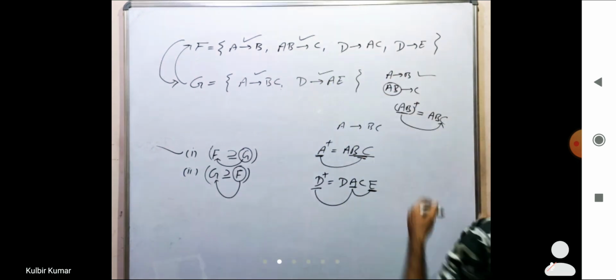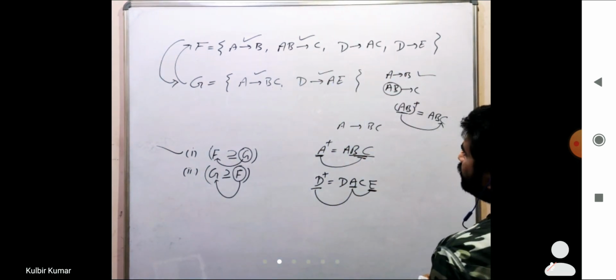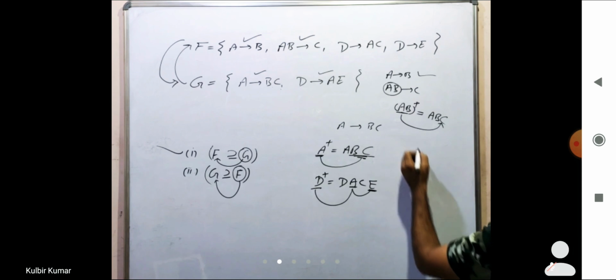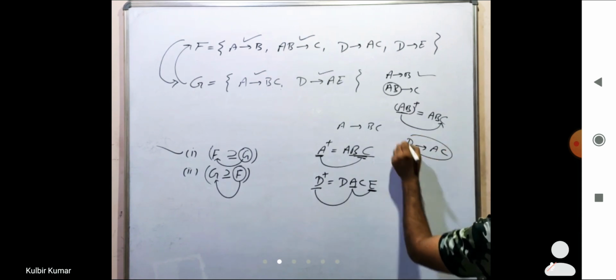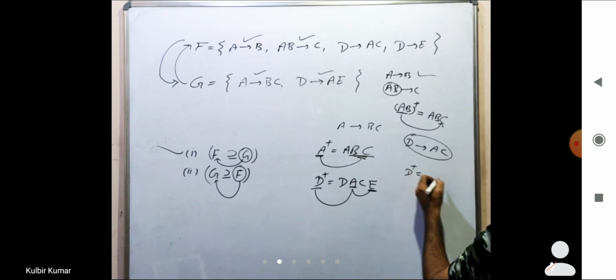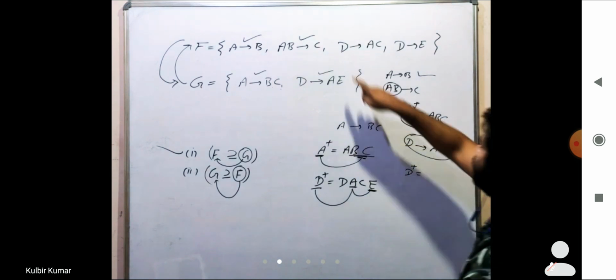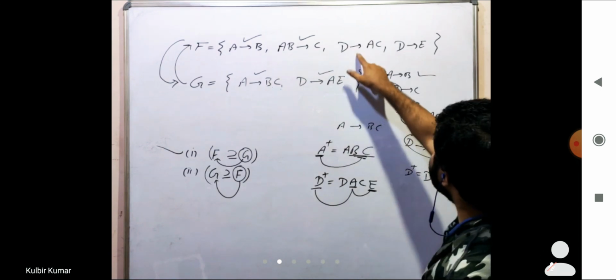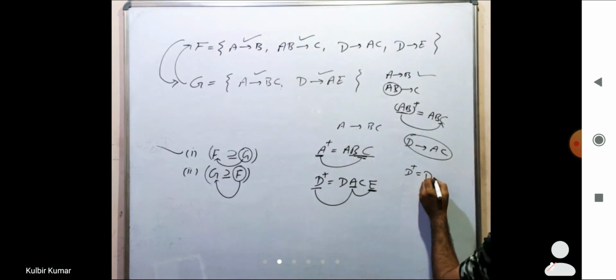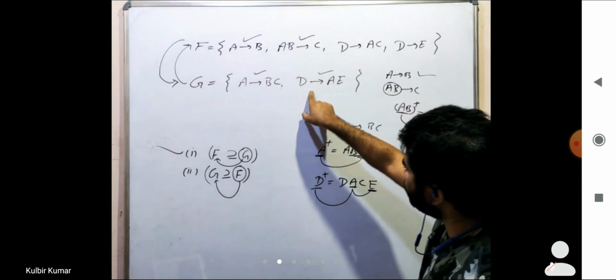What about D goes to AC? So D goes to AC directly it not seems. So let me take D closure. I'm looking for D goes to AC now. So I will take the closure of D. D closure is what? D itself, and D can derive A and E. Sorry, I will take these functional dependencies.